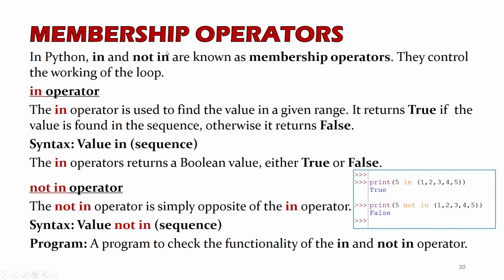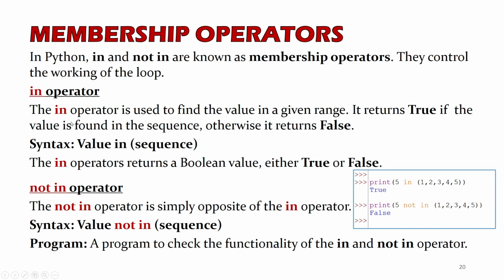Now let's come to membership operators. In Python, in and not in are known as the membership operators. They control the working of the loop. The in operator is used to find a value in a given range.